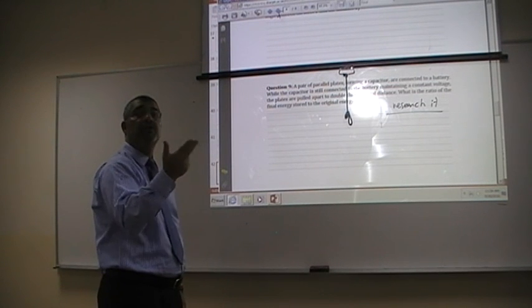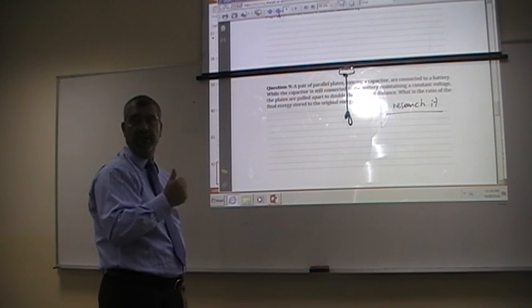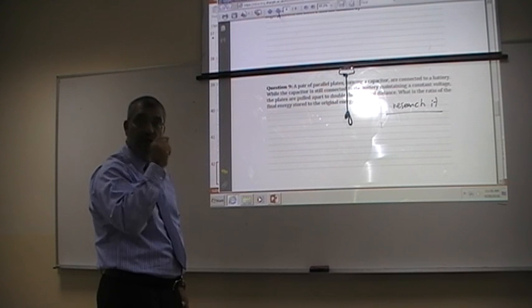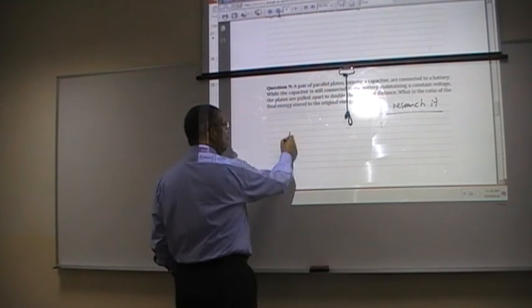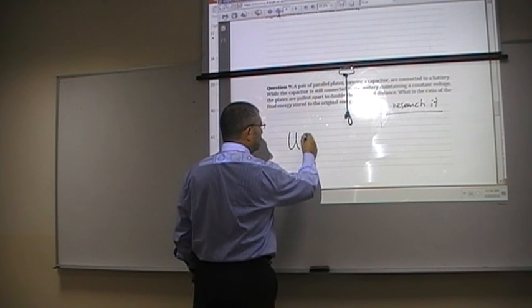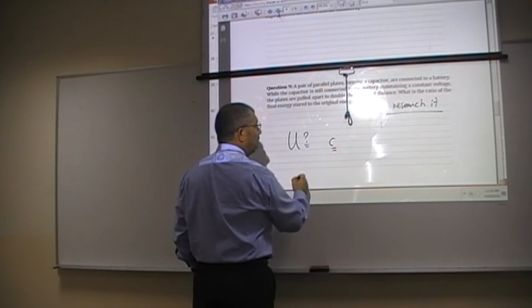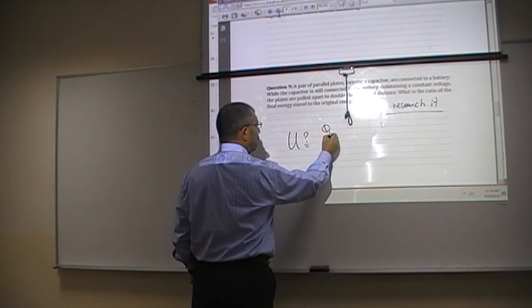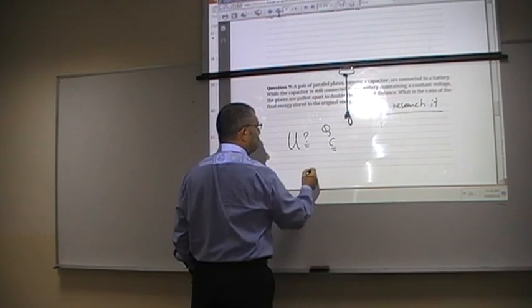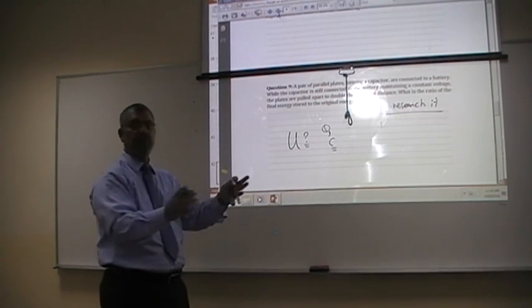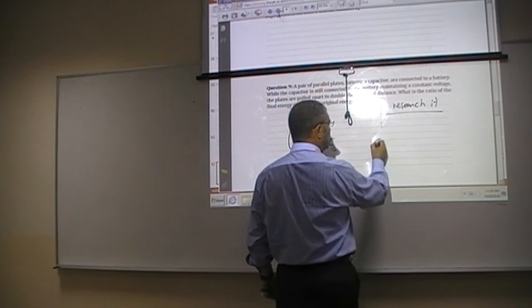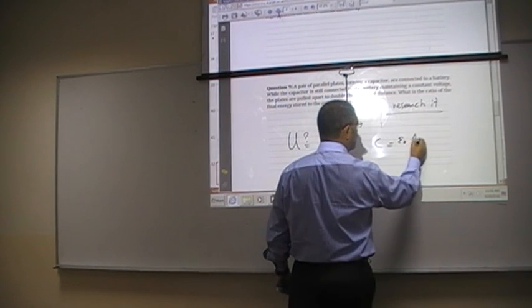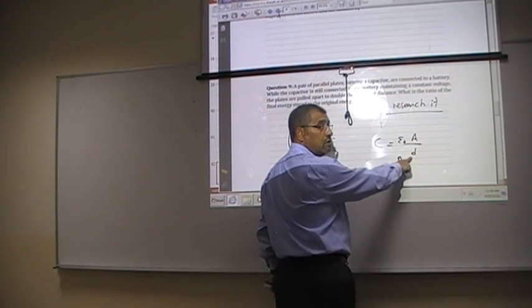and then look at the energy, what is it equal to in terms of the capacitance. Not the electric field, the energy, U. So U, what is it equal to in terms of C and Q? And then see what happens when you double the distance. What happens to C when you double the distance?